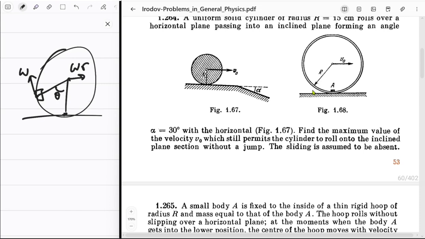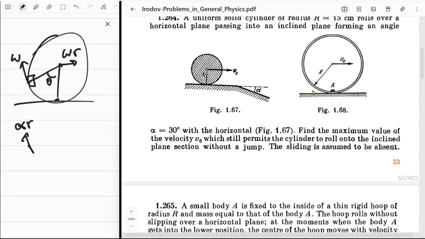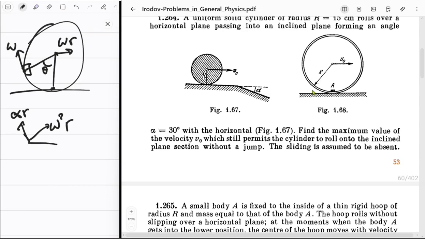With respect to this point, it has alpha R acceleration in this direction, and omega squared R in this direction. But actually this has alpha R in that direction as well. So you have to do all that, and after that you will get the final vertical force.